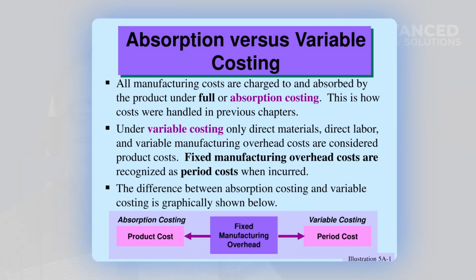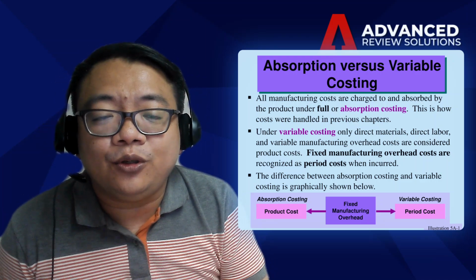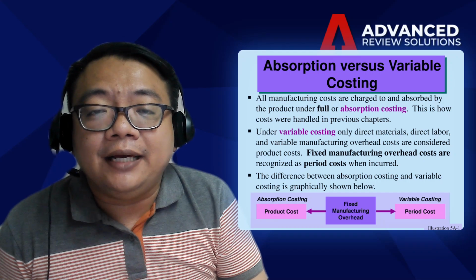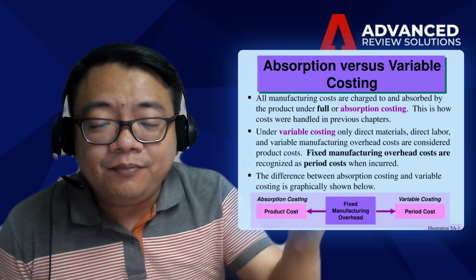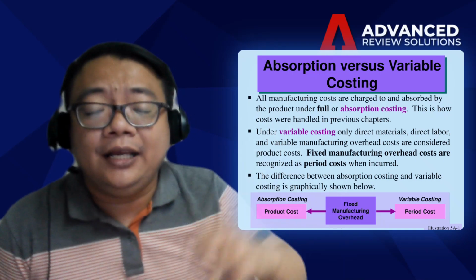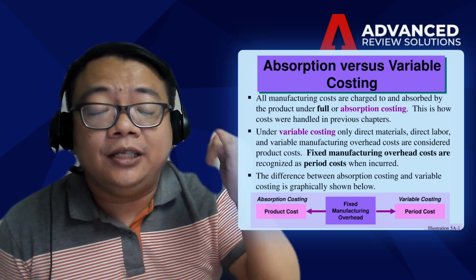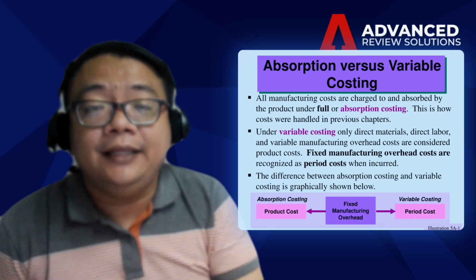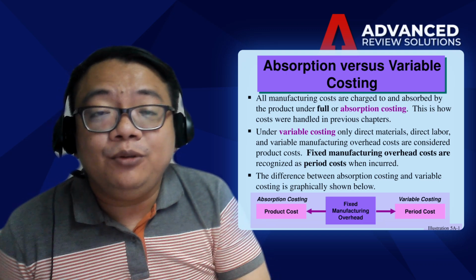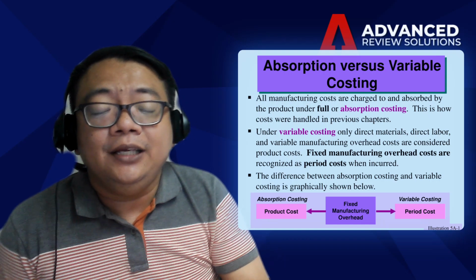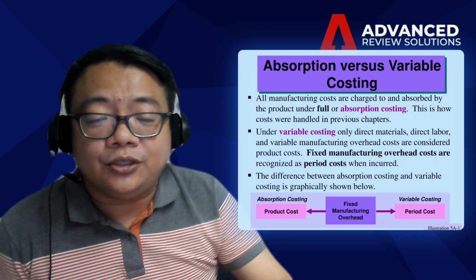While the fixed manufacturing overhead in variable costing is recognized as a period cost. Again, in the full or absorption costing, all your product costs, direct materials, direct labor, and overhead, are considered product costs. But in variable costing, the fixed manufacturing overhead is considered a period cost.